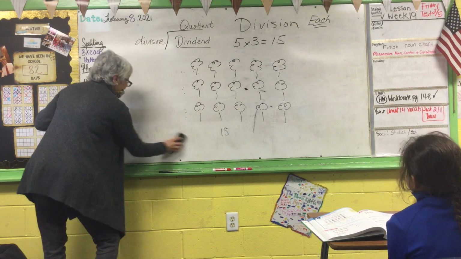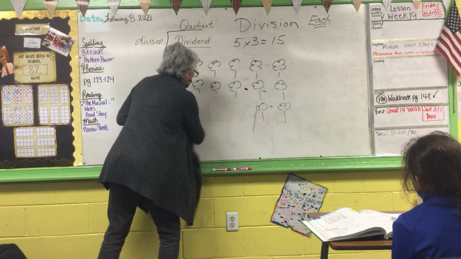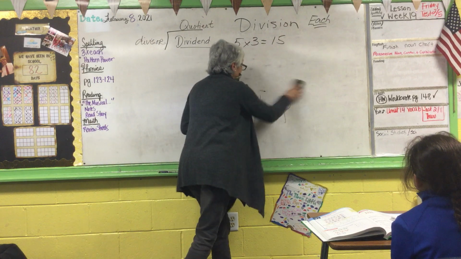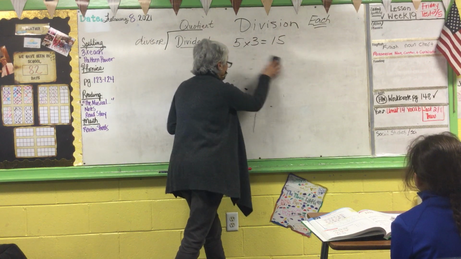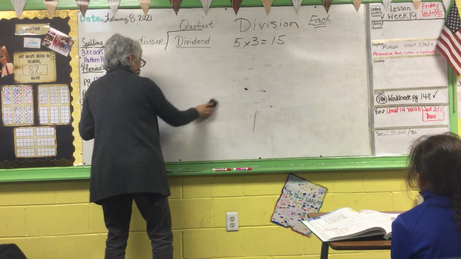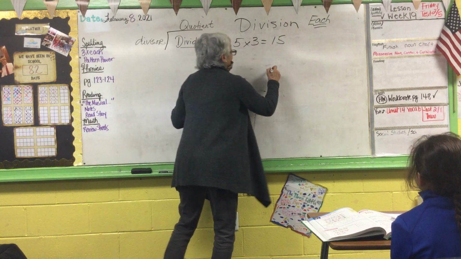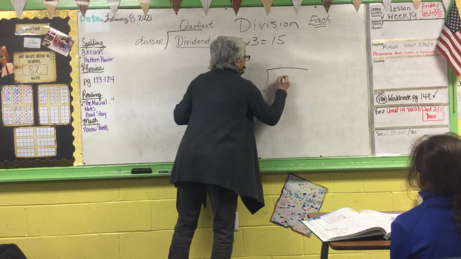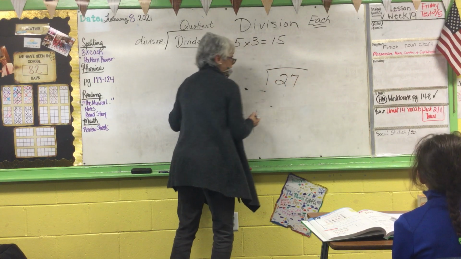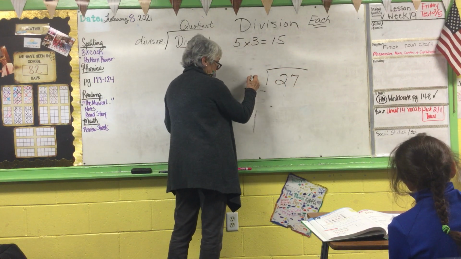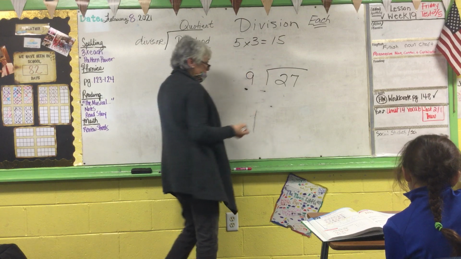All right, so now we're going to work with this 7-step formula that Miss Liz has devised. And let's see if we can't do this on our own. Oh, I'm going to give you all a good one. Okay, here's my house. And I'll put 27 in my house. And my 9 is going to be my divisor.